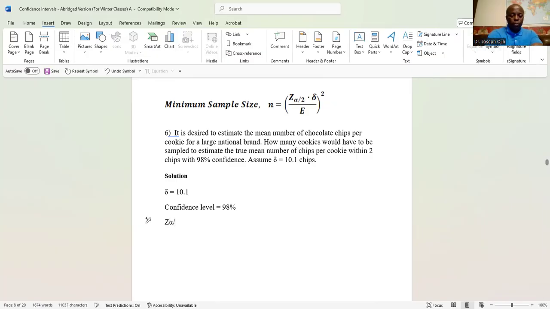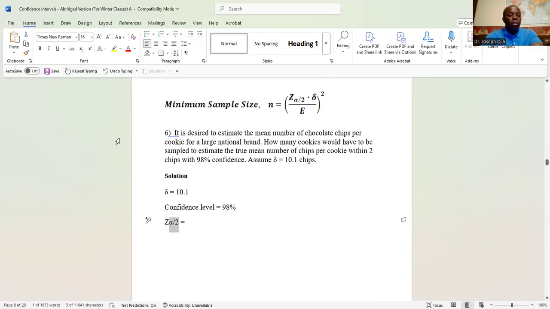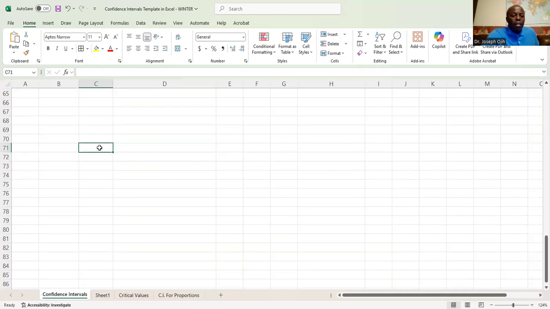We can get it from Excel. Let me go down a little bit. Alpha, which is alpha right here.